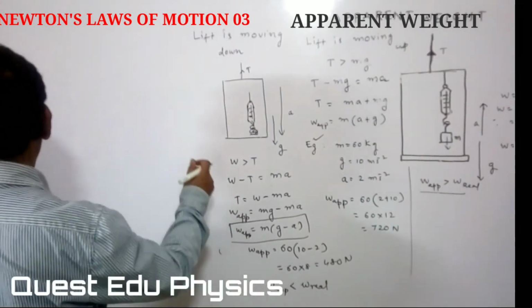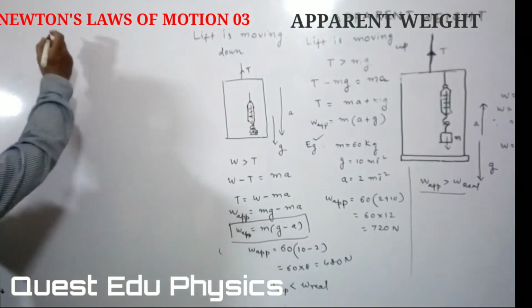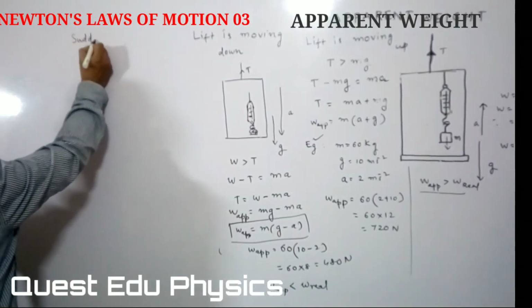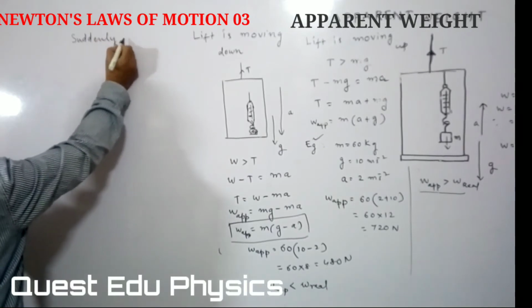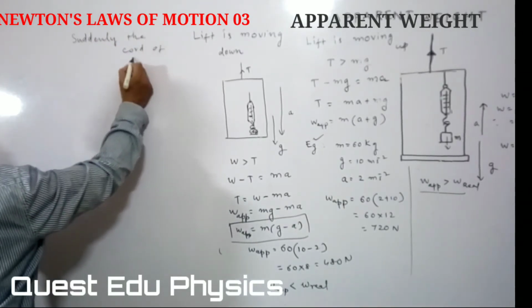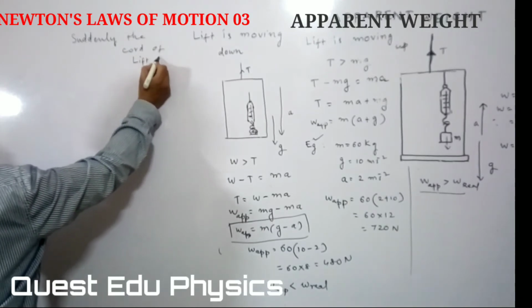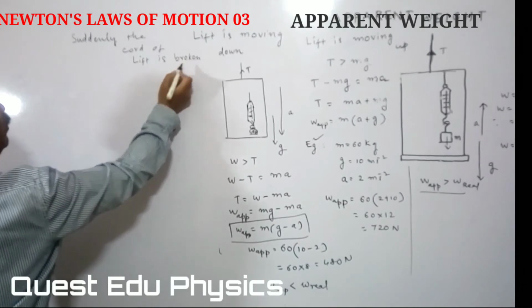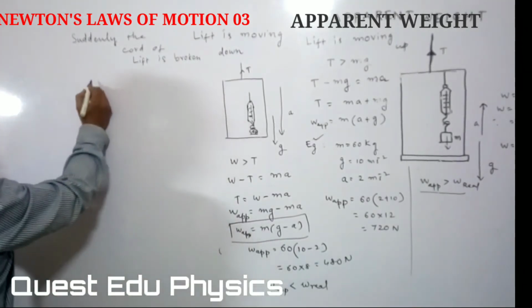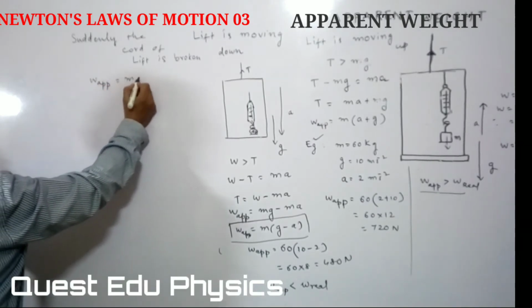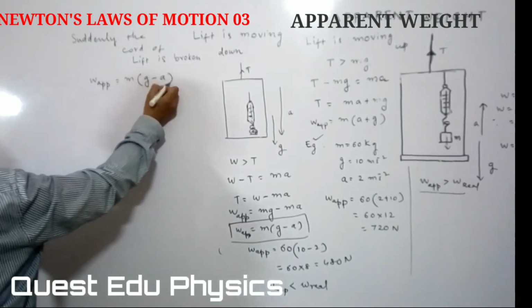Then see the next case, an important case. Suddenly the cord of the lift is broken. What happens? It is falling. I am using the same relation. W apparent is equal to m(g minus a).